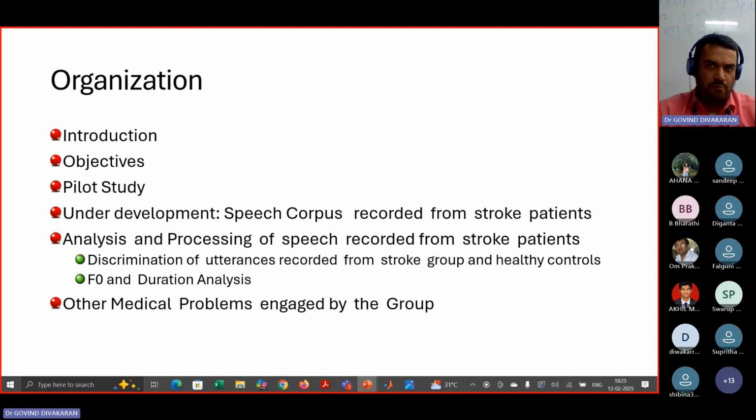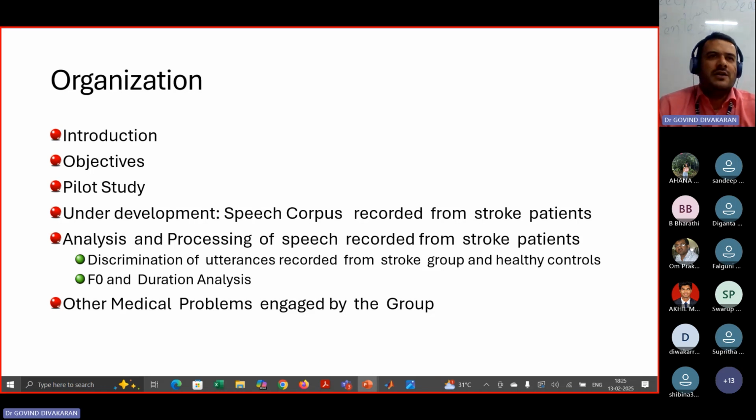Then, before we submitted this proposal, we did a pilot study, not on stroke, but on TBI, traumatic brain injury. So we took one TBI patient.